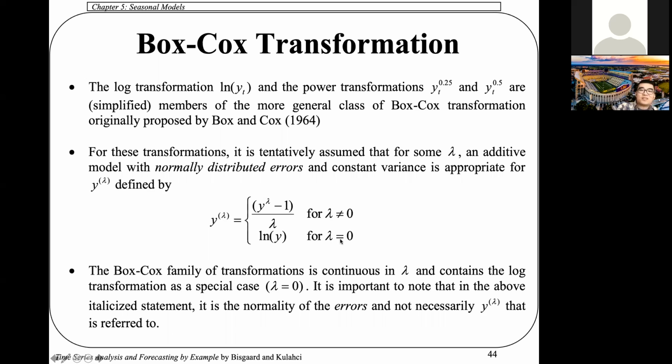If lambda is equal to 0, then this is just the log transformation that we already used. If lambda is not equal to 0, this is the transformation that we will use. This encompasses the 0.25 and 0.5 powers as special cases, and the log transformation at lambda equal to 0 is also just a special case of the Box-Cox transformation.